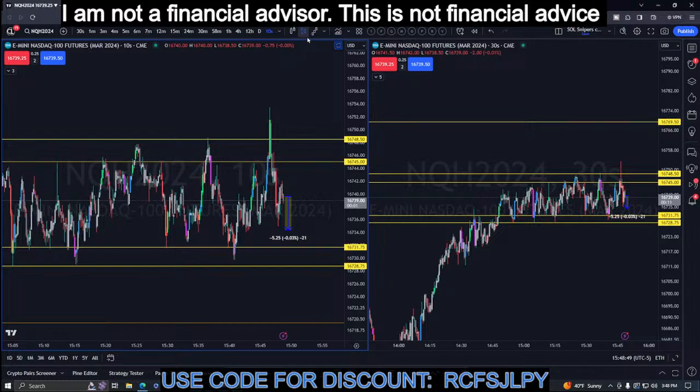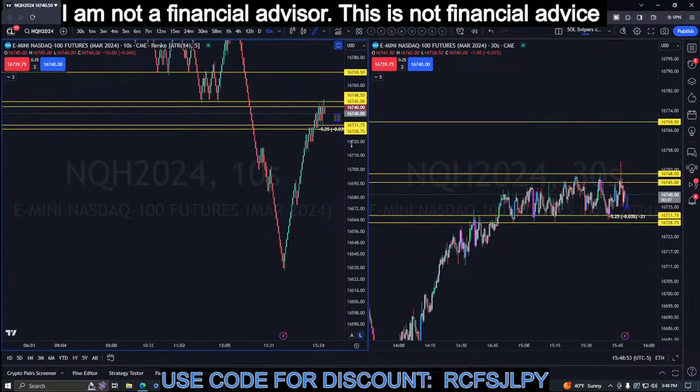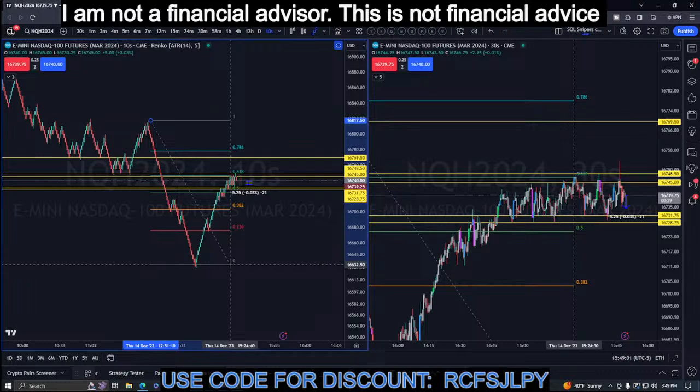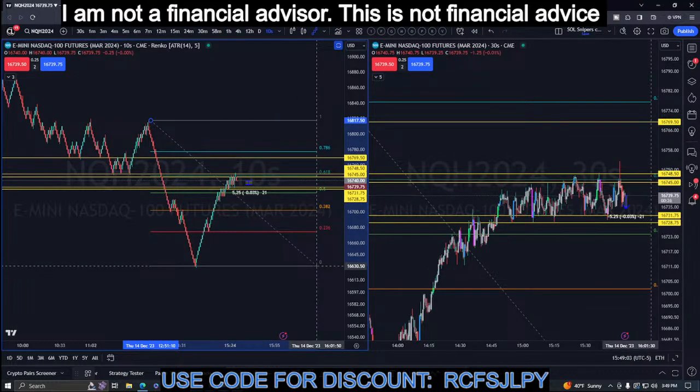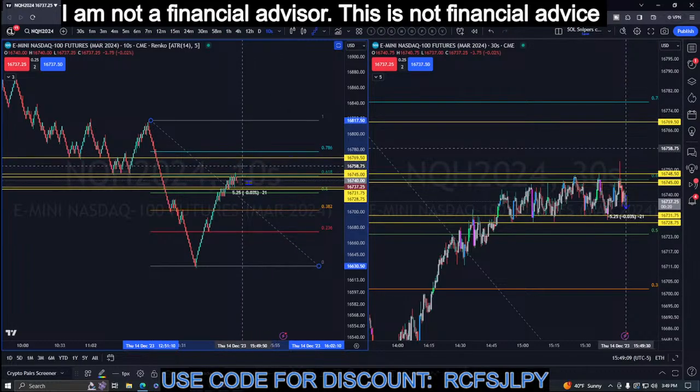Okay, or I use Renko on the left. And you could throw some fibs up if you're a fibby type of person. If fibs are your thing, you could fib it out, and you could just draw your fibs right here. And you have levels. I noticed with Renko, it respects the fibs a little more.